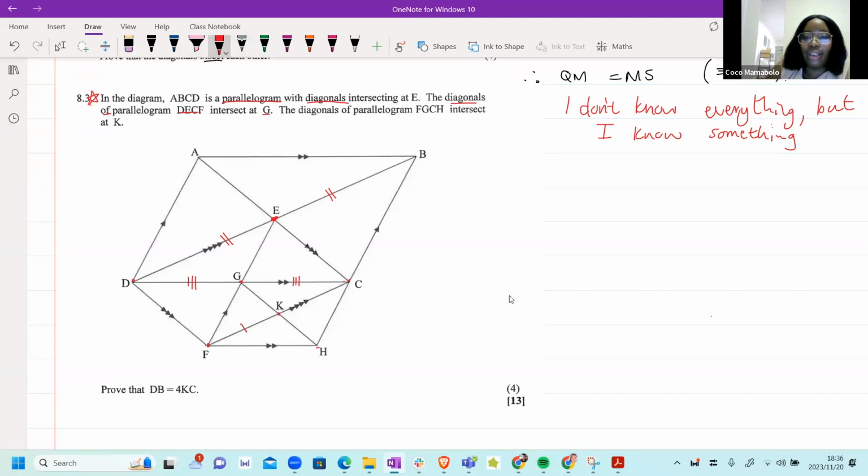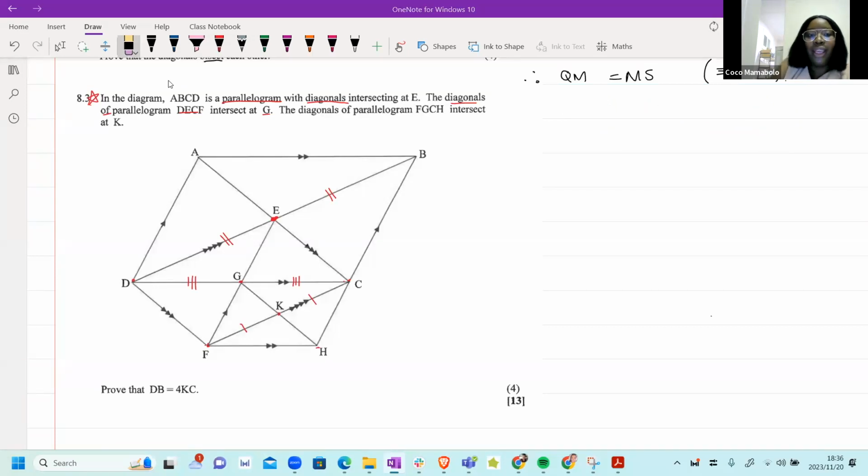I'm going to use one line. Now, let's start with what they've told us to prove. They say that we must prove that DB is equal to 4KC. So let's go from KC, work our way up.